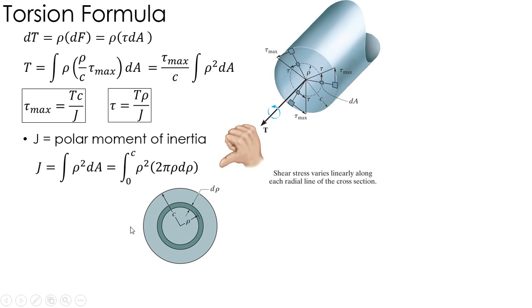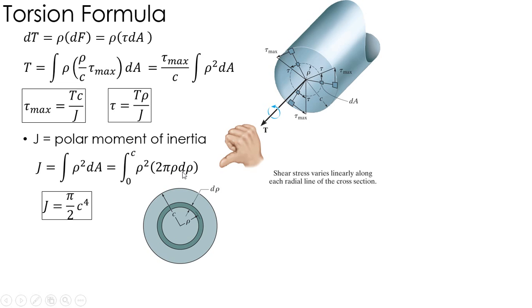Well, what I can do is take a small ring, radius rho away, with a thickness of d rho, and the area of that infinitesimal ring is the circumference 2 pi rho times the thickness d rho. Manipulating that, pulling out what's constant, basically 2 pi comes out, and I'm left with rho cubed d rho.